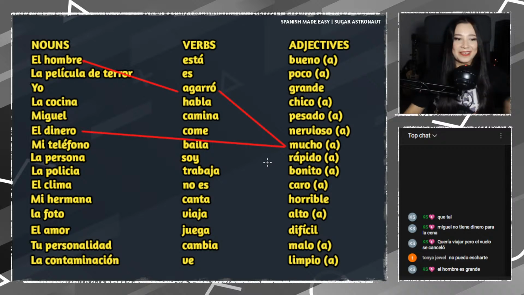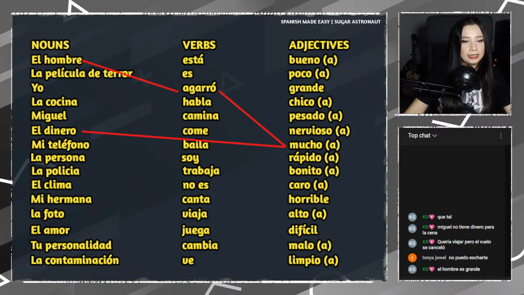Okay, so we can have noun, verb, adjective, noun in a sentence. El hombre agarró mucho dinero, and that means the man grabbed, that's past tense, grabbed a lot of money. Mucho, a lot of, el dinero, money. Okay?